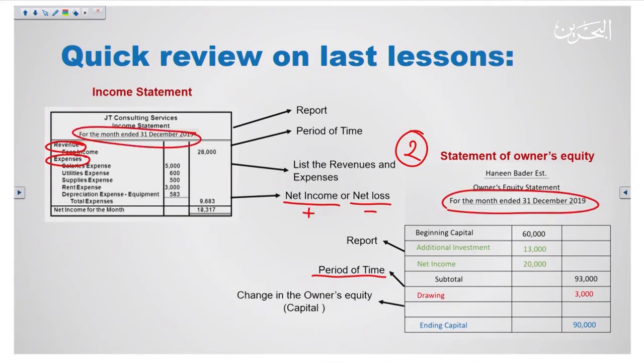In the statement of owner's equity, we study the change in the owner's equity, which is the capital. We list the events that will increase the capital and the events that will decrease the capital in order to calculate the ending capital. And this amount we are going to use today in the balance sheet.